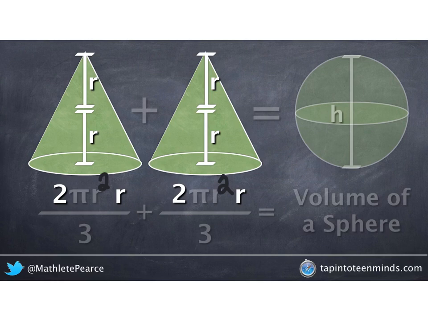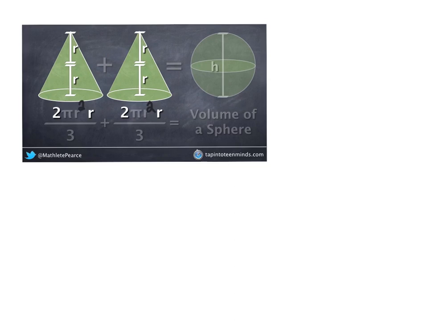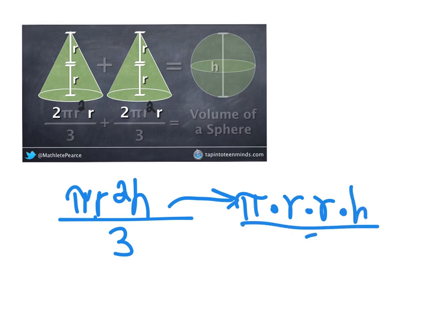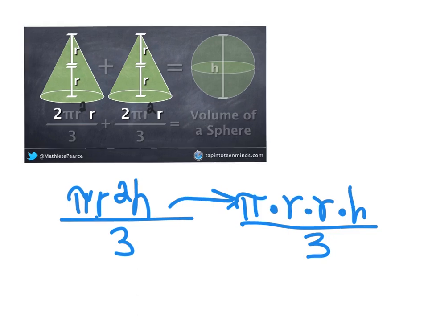Let's do a quick recap of what's happened with our volume formula for the cone. Just recall, the volume for a cone is found by taking pi times radius squared times the height, all divided by 3. I want to remind you that pi times radius times radius times height divided by 3 is the same exact value. I just expanded out the multiplication.